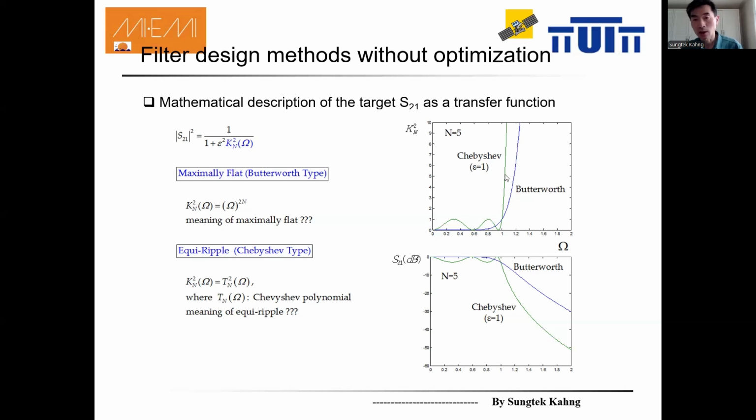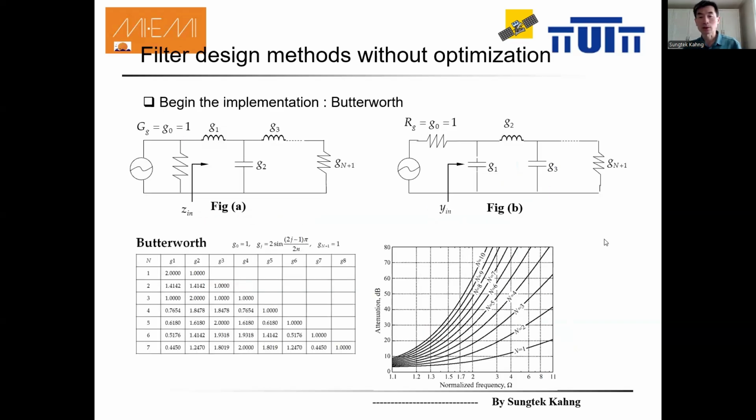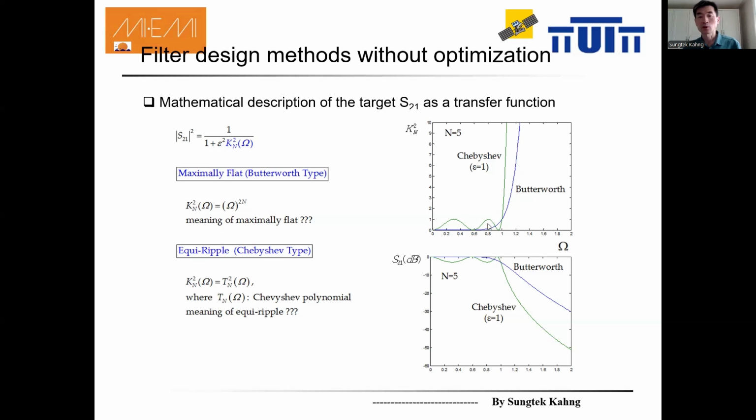Here you see, for the same order compared to Butterworth, Chebyshev, even though it has ripple inside the normalized passband bandwidth, gives the benefit. What? As you see, it has a better skirt effect. So that's your choice.